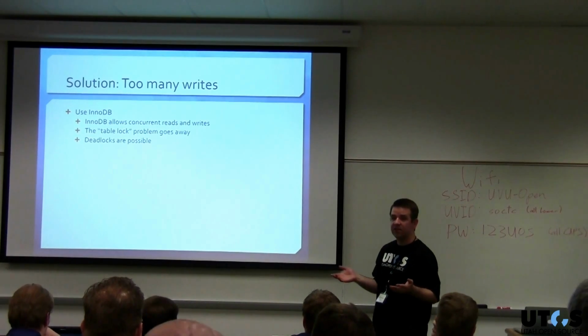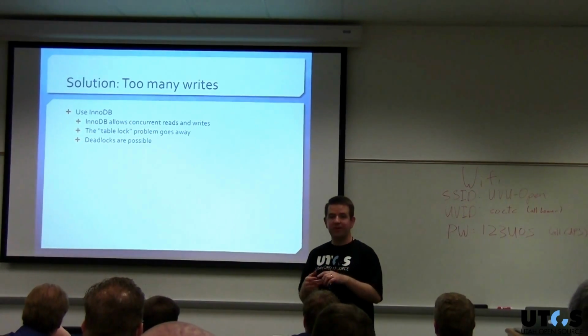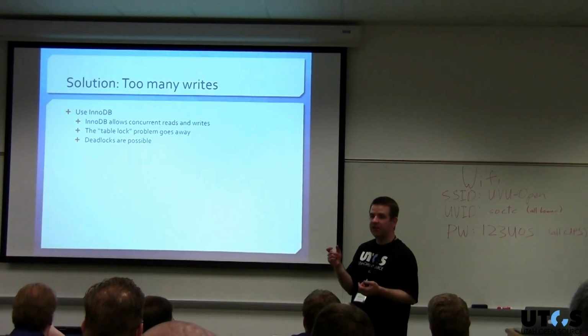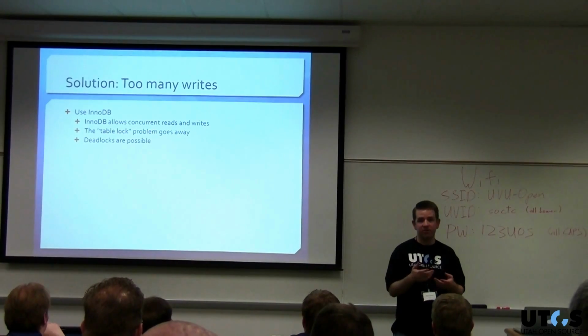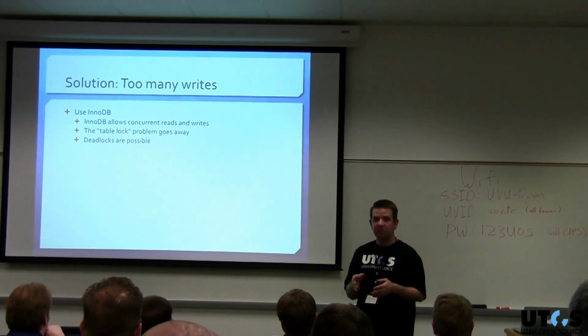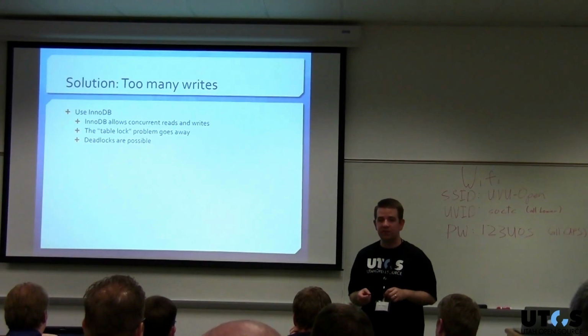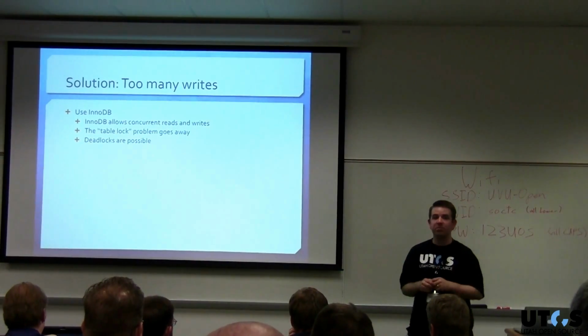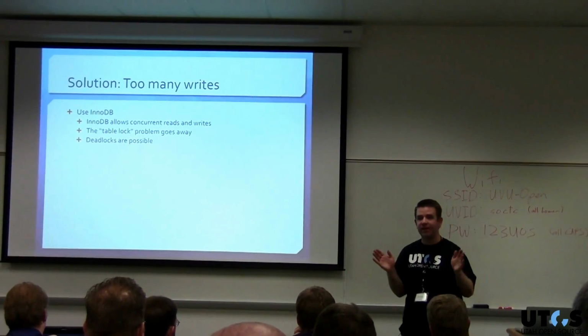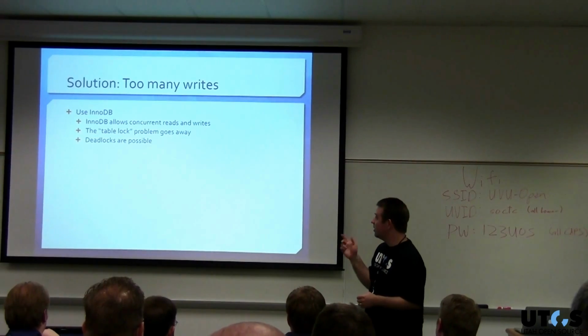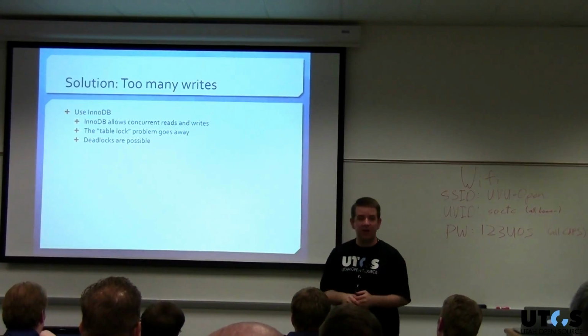It will detect it if it's sitting around waiting. What it basically does is it says, I'm going to time out after so many seconds. If I'm still waiting for one of these locks to be released, then I'm just going to give up and say, I found a deadlock, I can't write. And so deadlocks are possible.